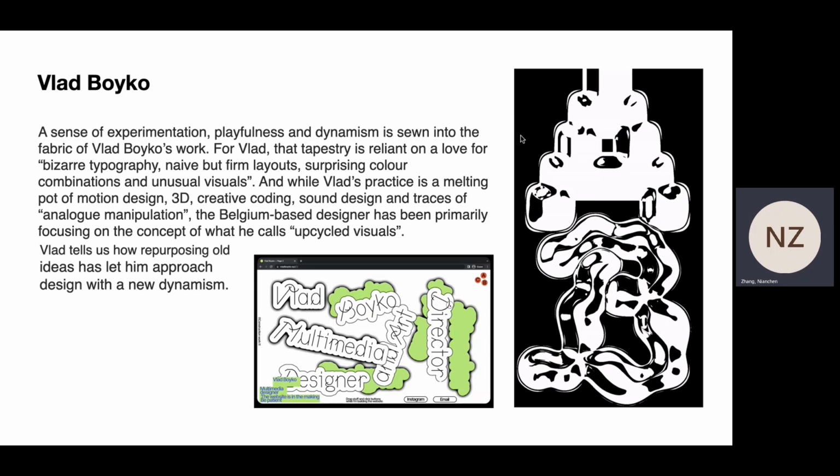And while Vlad's practice is a melting pot of motion design, 3D creative coding, sound design, and traces of analog manipulation, the Belgian-based designer has been primarily focused on the concept of what he calls upcycled visuals. Vlad tells us how repurposing old ideas has led him to approach design with a new dynamism.